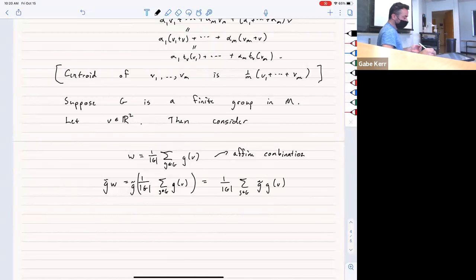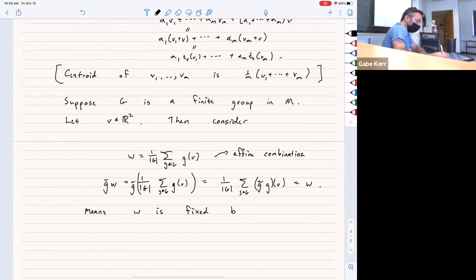G is a group, so this just permutes all the elements of G around. They're different elements of G, but as I span through each element of G, multiplying by g tilde gives me each element of G, just in some different order, because it's invertible. So this is also equal to W. This means W is fixed by all elements.